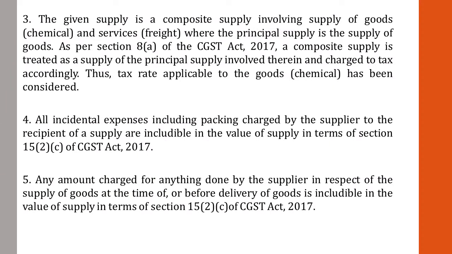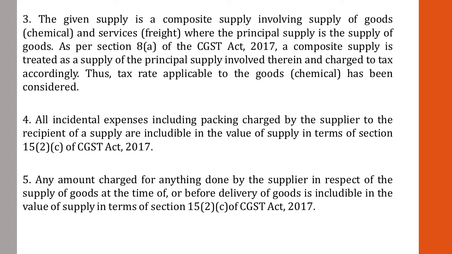Note 4 says that all the incidental expenses, including packing, charged by the supplier to the recipient of supply are includable in the value of supply in terms of section 15 subsection 2 and C of the CGST Act of 2017. That means all incidental expenses like packing charges charged by the supplier to the recipient should be included in the value of supply.